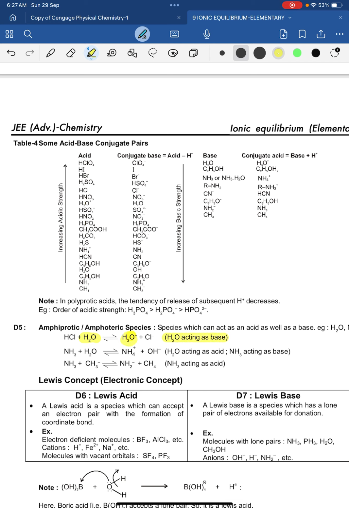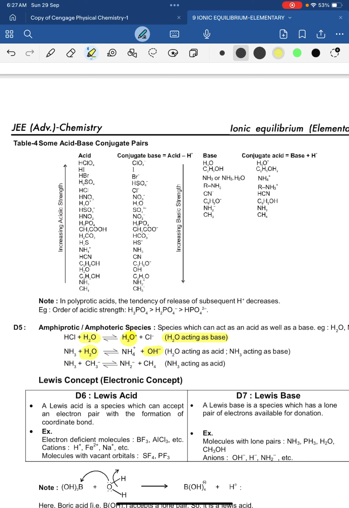In the second case H2O donates H plus, and that is the reason it can act as an acid. That is decided by the opposite substance; acid base theory is always relative. If the opposite one is a strong acid, it behaves as a base. If the opposite one is a base, it behaves as an acid.